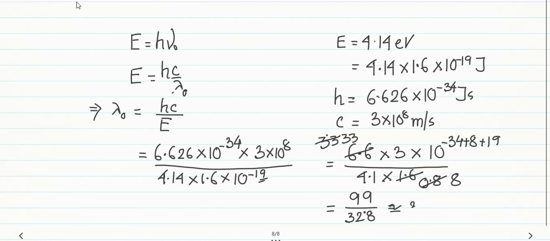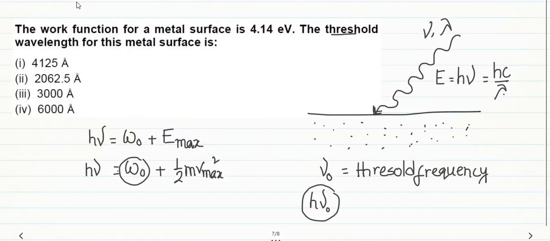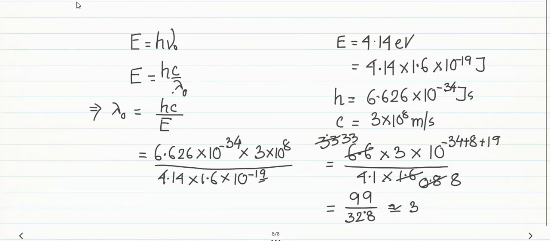So it is of the order of 3, or we can say 33 divided by 32.8, so it is greater than 3. Which value is represented here? Obviously it is approximately 3000 angstrom. It should not be around 2, because it should be greater than 3 approximately.